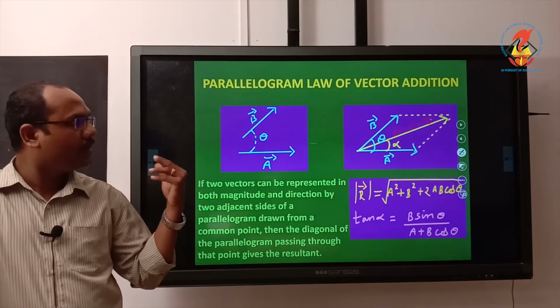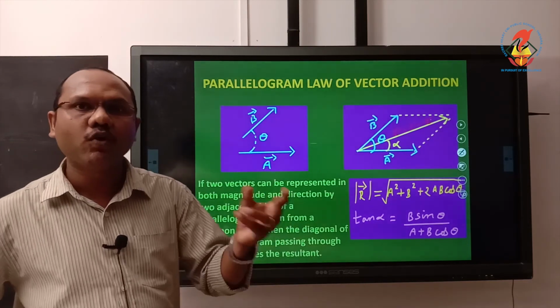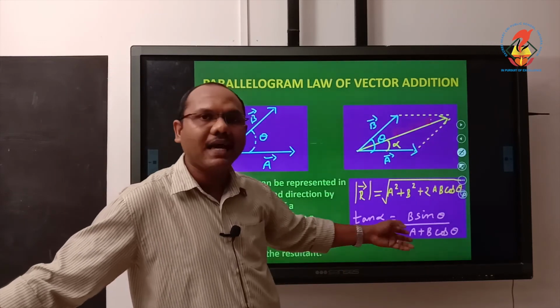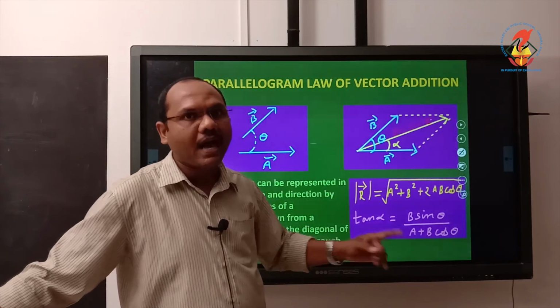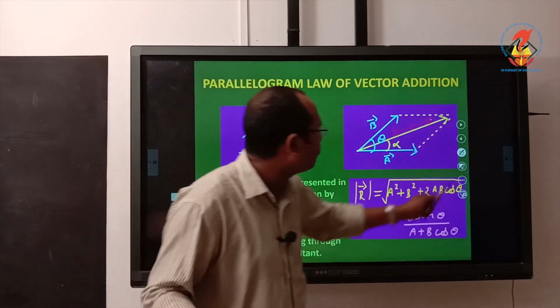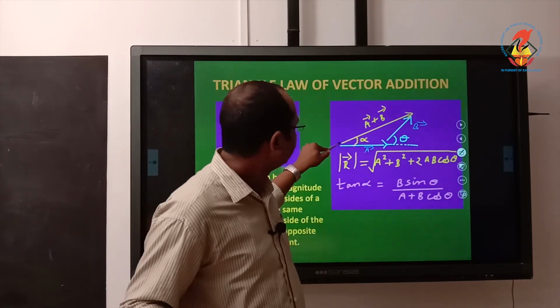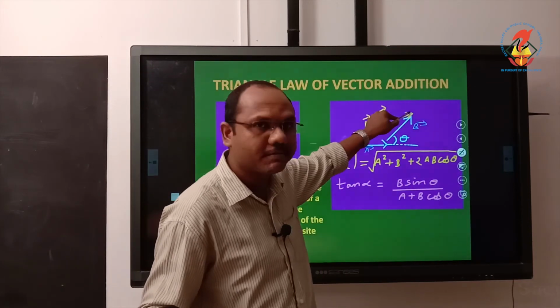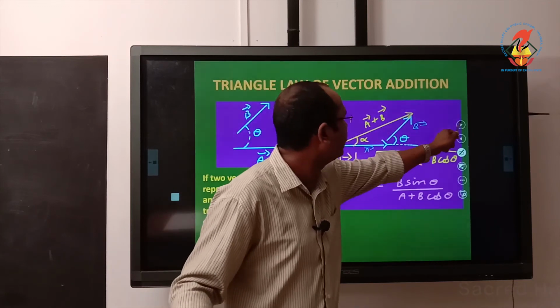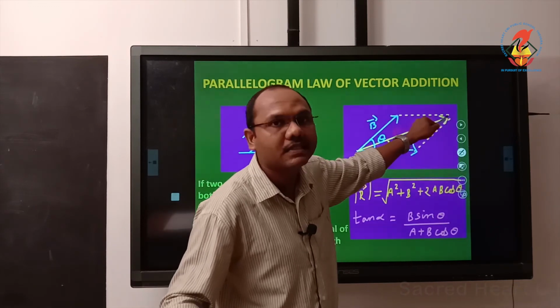When you look at the triangular law and parallelogram law, you can see the equations are exactly the same. And just see the previous figure. This yellow line is the resultant. Look at this figure. This yellow line is the resultant.